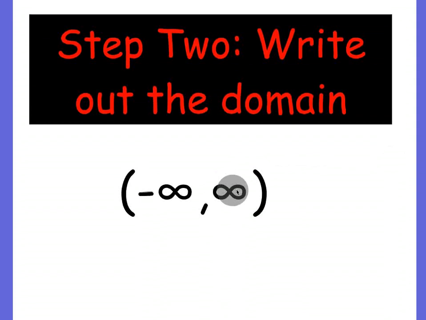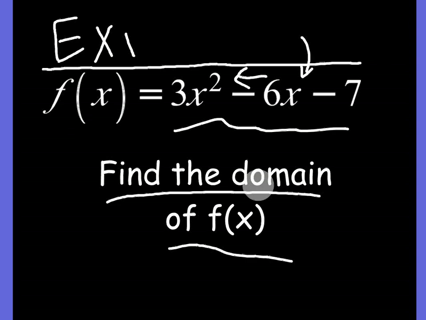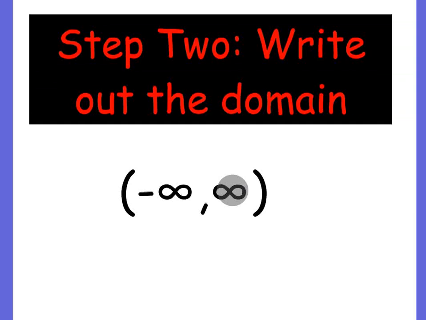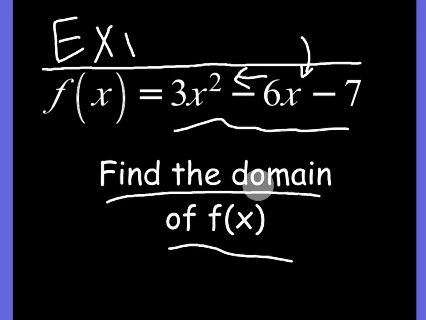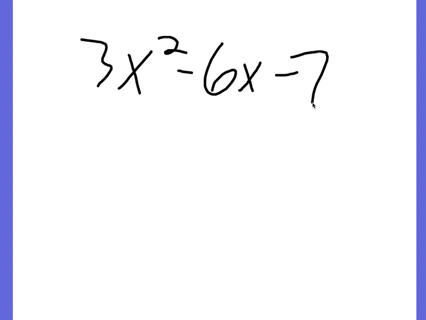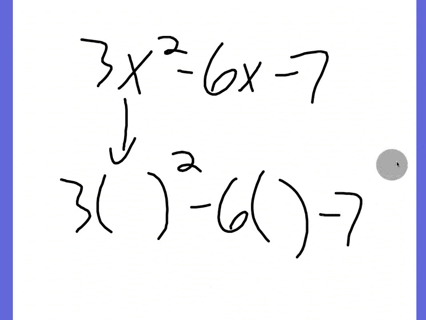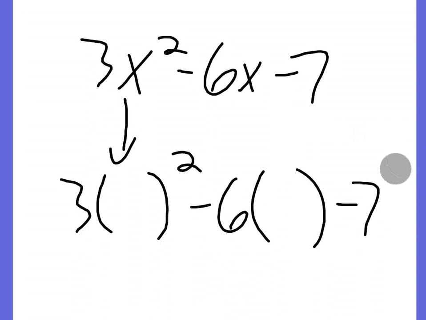And for this particular example, I'm actually going to show a few things. So 3x squared minus 6x minus 7. Let's take a look. We're going to test this with a few numbers. You can choose any number you want to plug in for x. You get to choose what goes right here, but think about it.